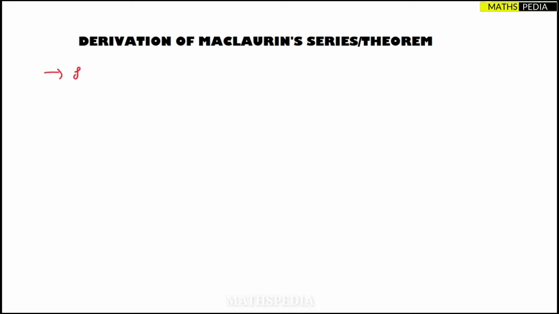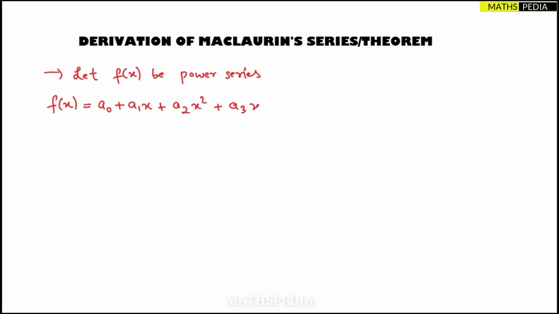The first step, let us consider a power series. Okay, so let f of x be a power series. Now f of x we can represent as a0 plus a1x plus a2x square plus a3x power 3 plus a4x power 4 and so on.